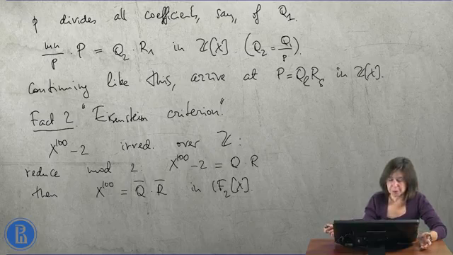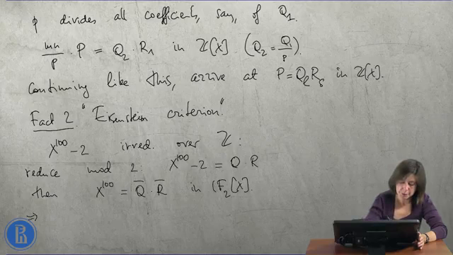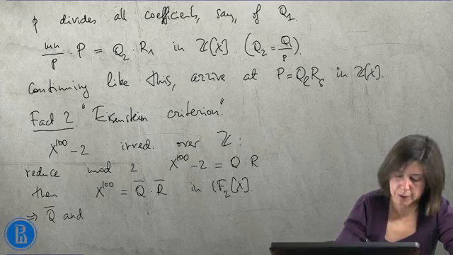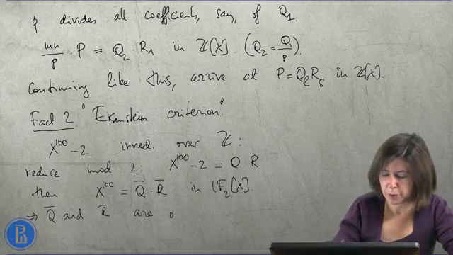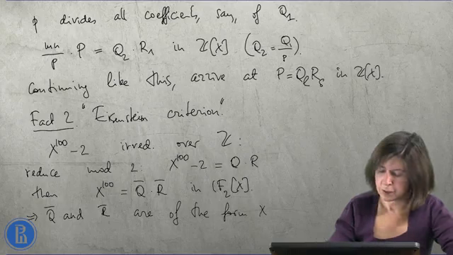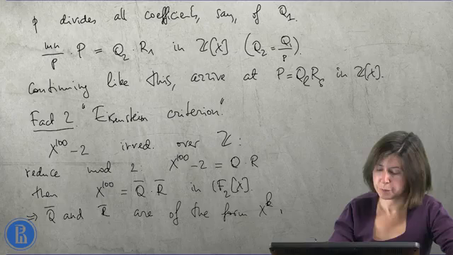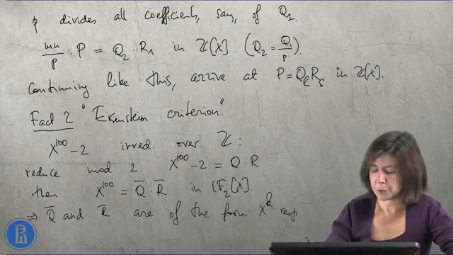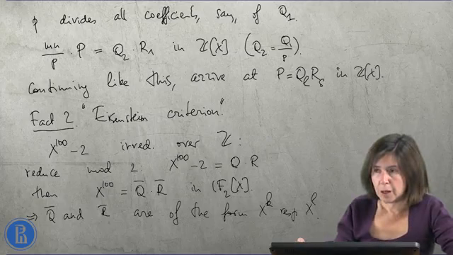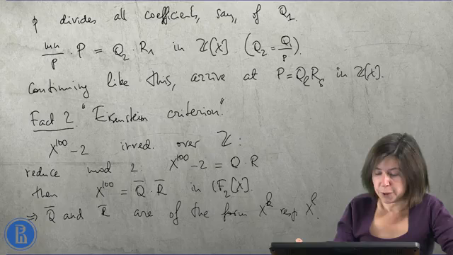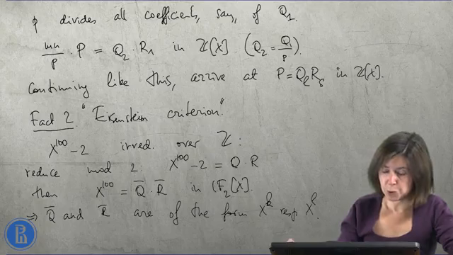Yes, but this means that q bar and r bar are of the form x to the power, I don't know, k, respectively x to the power L. So they have no constant coefficient modulo 2.